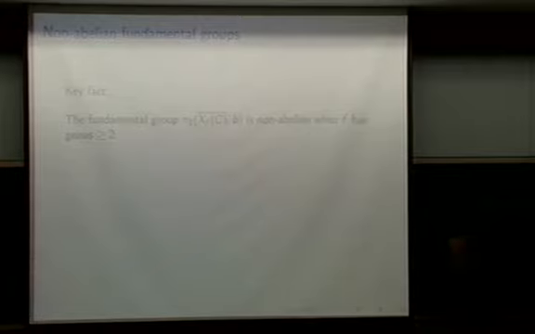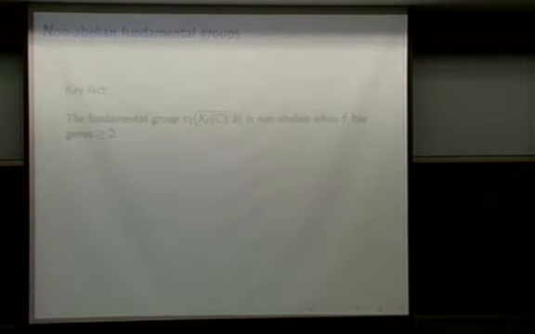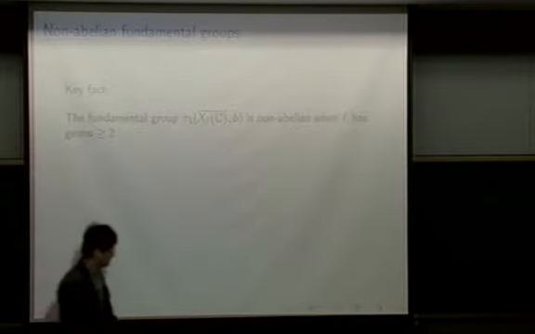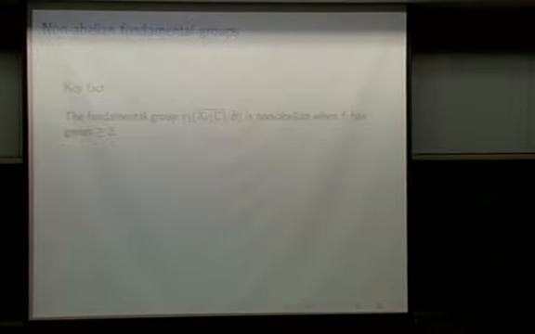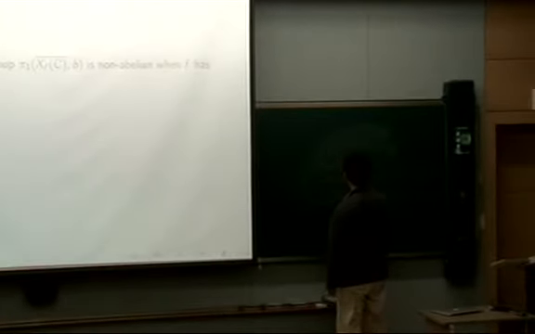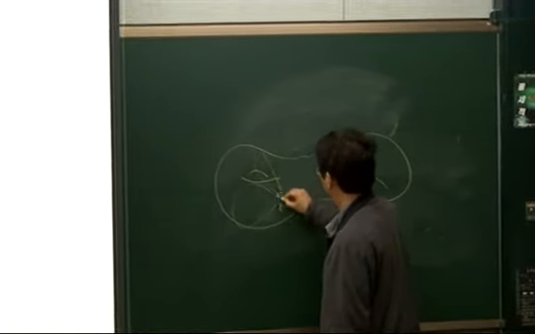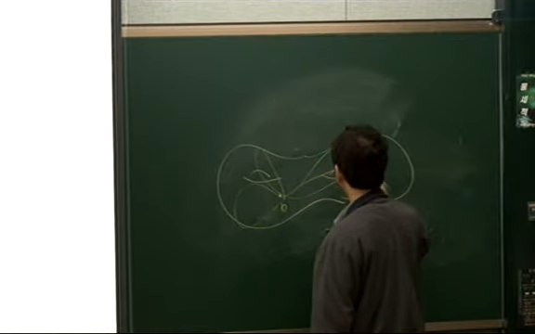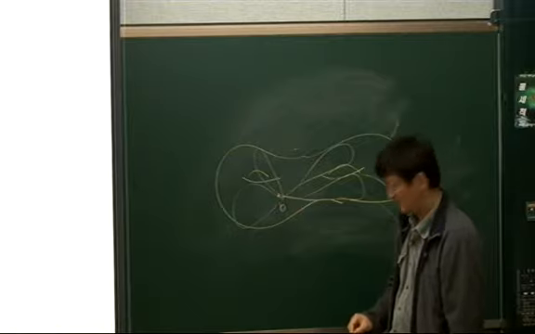You remember what the fundamental group is? When you're given a space, you consider homotopy classes of loops based at some point. So you're given a space like this. And then you consider a group generated by loops of this sort, right?